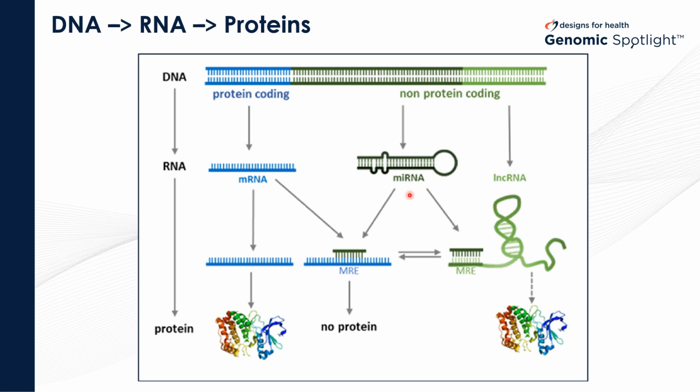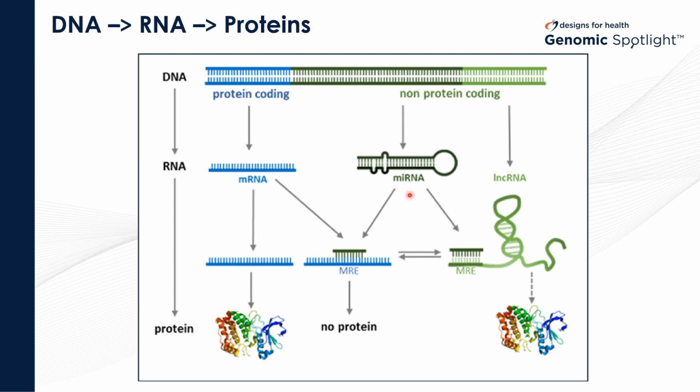As far as microRNA is concerned, it's a class of small non-coding RNA molecules. We're talking somewhere between 20 and 25 nucleotides long, and they're transcribed from specific genes called microRNA genes or miRNA genes.